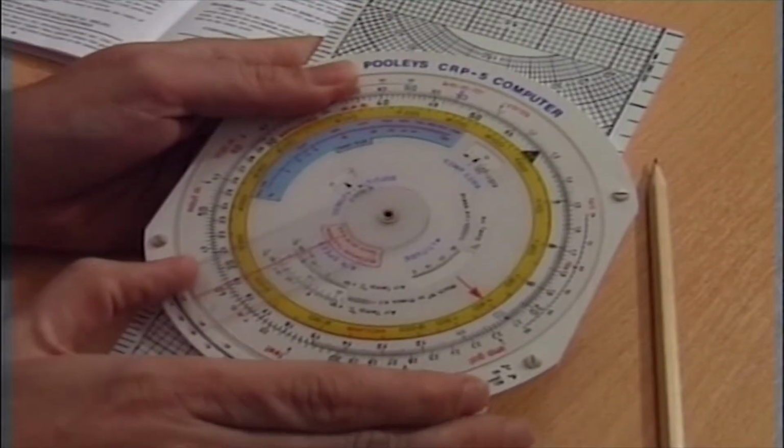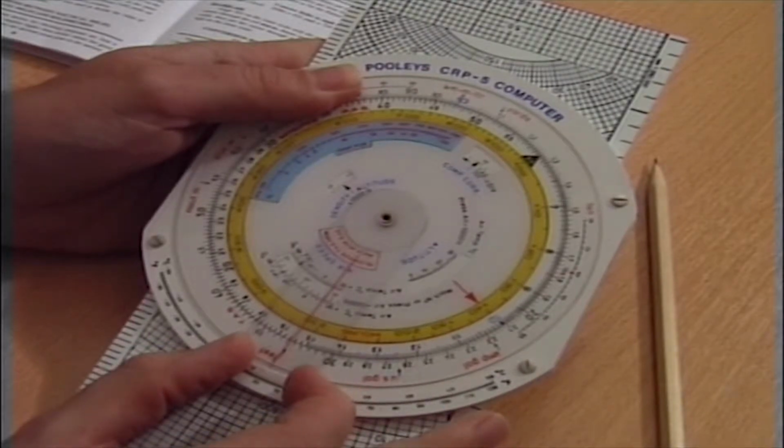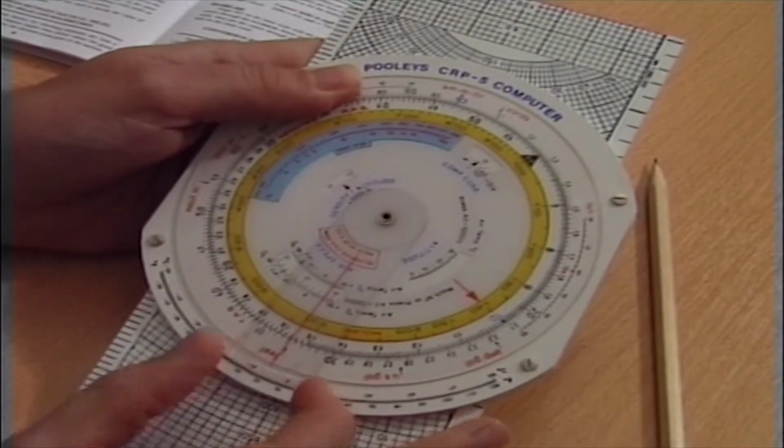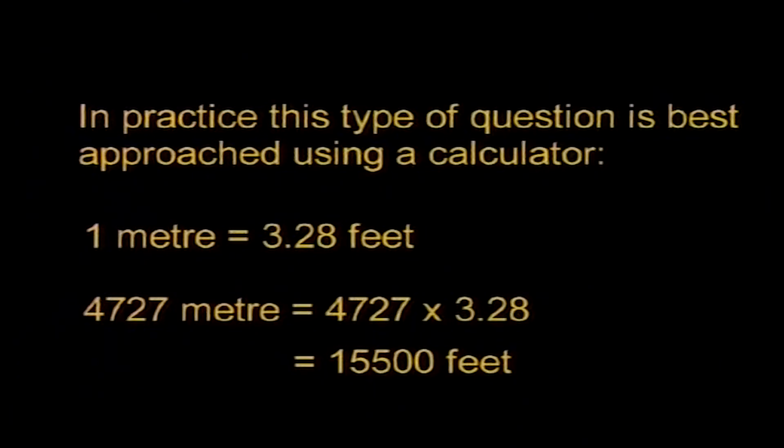Then rotate the cursor to the feet datum on the outer scale and read off 15,500 feet on the inner scale. Of course, this type of question may be done using an electronic calculator if you know that 1 metre is equal to 3.28 feet. 4727 metres when multiplied by 3.28 equals 15,500 feet.